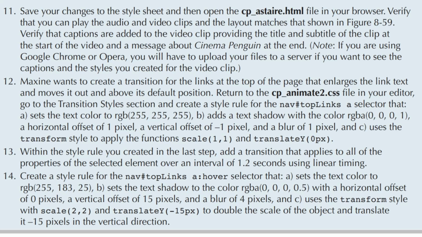So we're going to go into the cp_animate2 CSS file, and we're going to go underneath of the transition styles section, create a style rule for the nav ID'd as top links, and specifically the anchor selectors. And we'll be setting the text color to RGB 255, 255, 255, which you know is white.